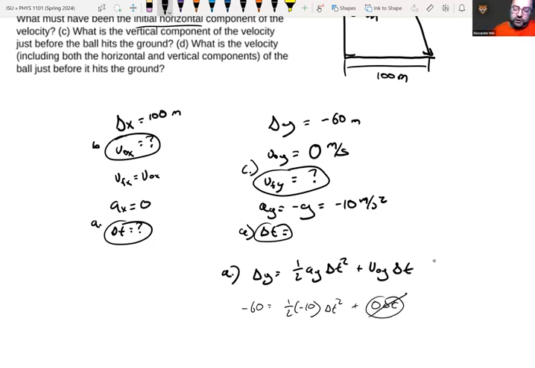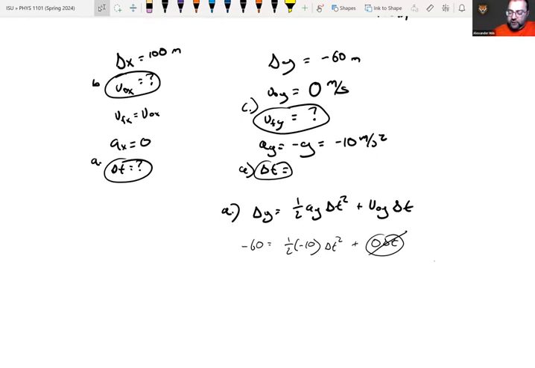That term just goes away. Solving, we end up with negative 60 equals negative 5 delta t squared. Dividing by 5, we get 12 equals delta t squared, and then delta t is just the square root of 12.